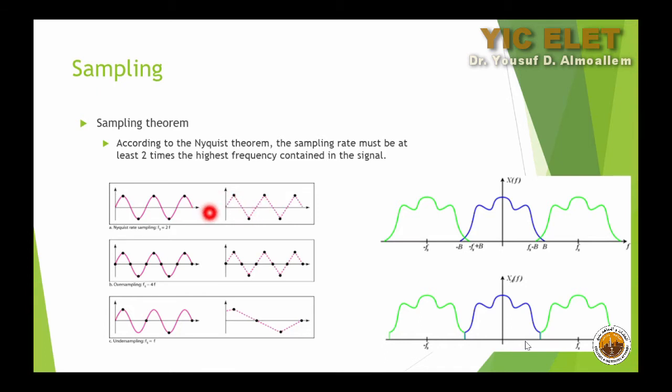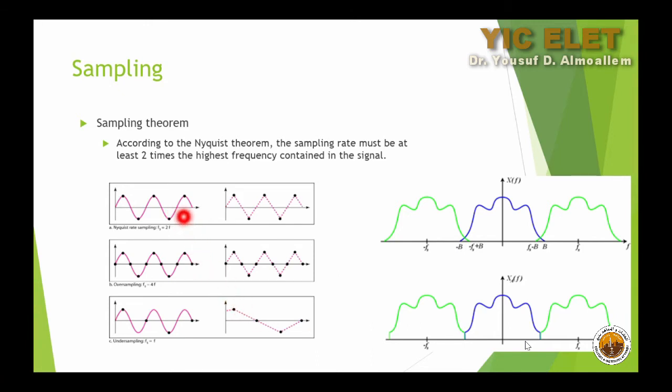If we increase the number of samples, increase the sampling rate, we will get this, which is much closer to the original signal. If we decrease the number of samples, decrease the sampling rate, we will get far away from the original signal. So this is not similar at all to the original signal.